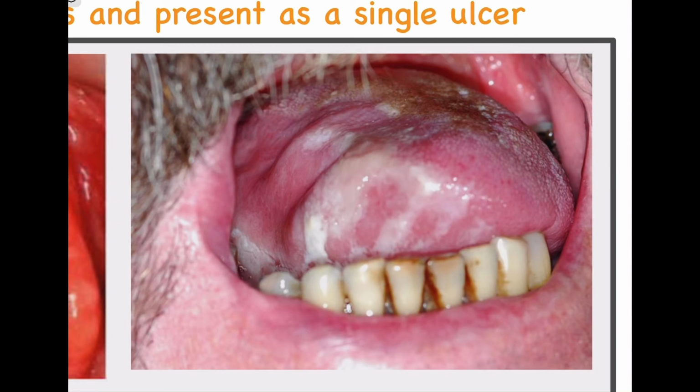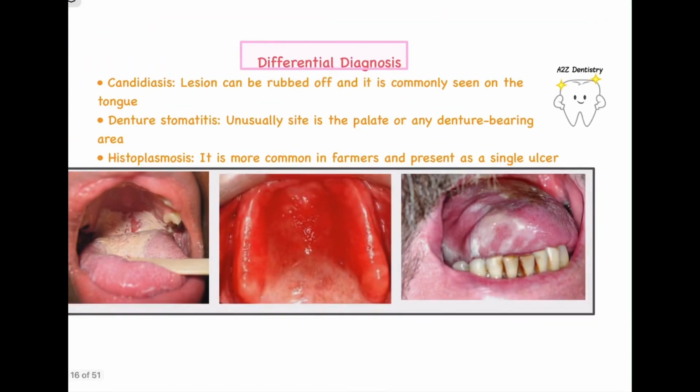Such diseases are largely restricted to a particular community, and histoplasmosis is largely restricted to farmers. However, if at all we have a doubt, or if we need a perfect diagnosis, then obviously we'll have to go for a biopsy. That is the gold standard, right? So these are some of the differential diagnoses.